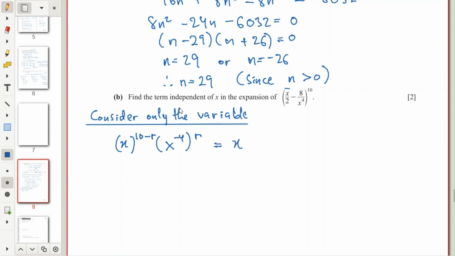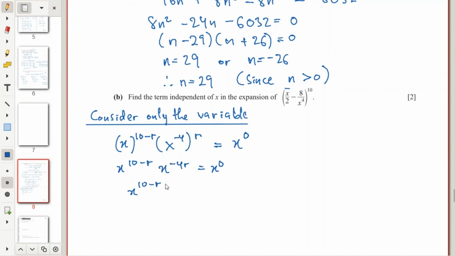And now for your independent term, the power of x is 0, or the power of your variable. It can be any variable, it can be x, it can be y. The power is 0. So you're going to do a little bit of indices here. They are multiplying, so you can add the powers.